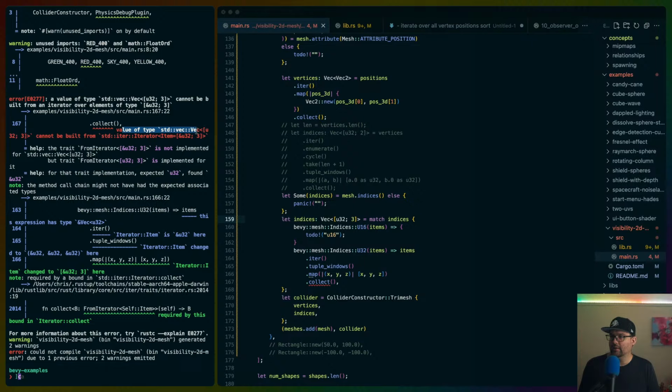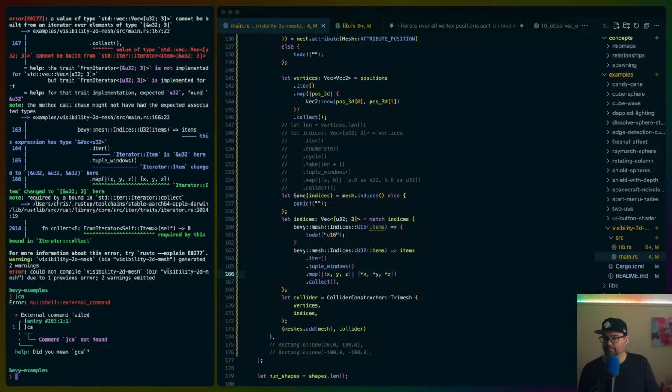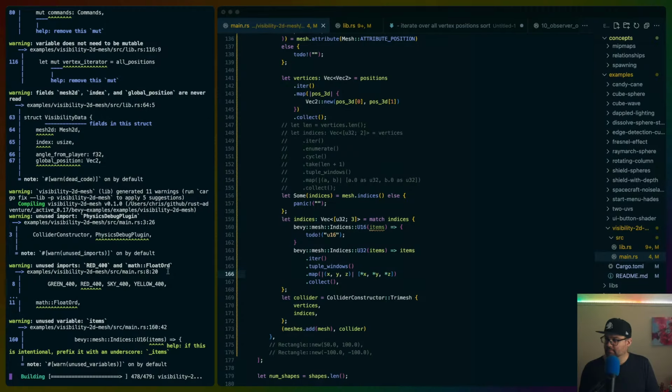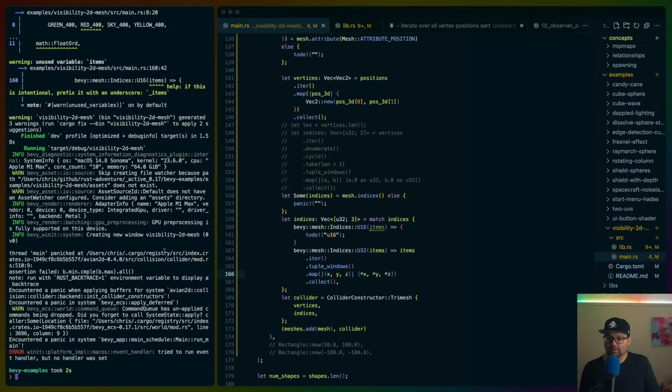Value of type vec of U32 3 cannot be built from references. So, done. Could also just do dot copied, but same issue.